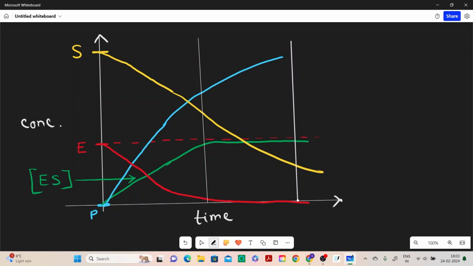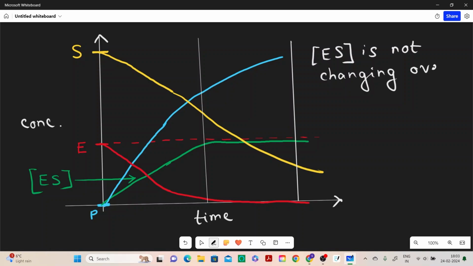So this is the plateau. The enzyme-substrate complex forms a plateau, which means that the concentration of the complex is not changing over time. So this is inside this plateau region.